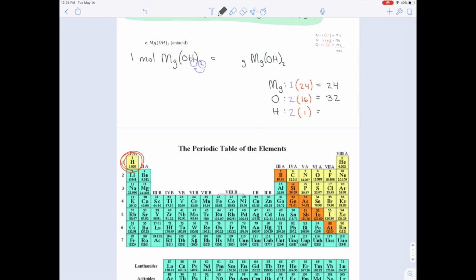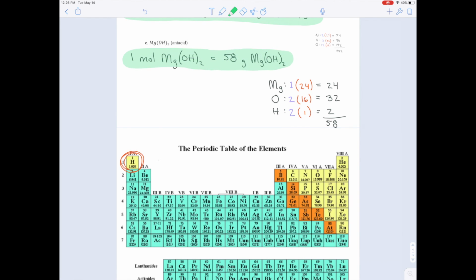So, since we have 2 moles, there will be a total of 2 grams coming from the hydrogen. All right, so those are the masses coming from each of these elements. To find the mass in the molecule overall, we'll add them, so 24 plus 32 plus 2, and that is 58. So in 1 mole of this whole compound, there would be 58 grams. So that would be the molar mass.